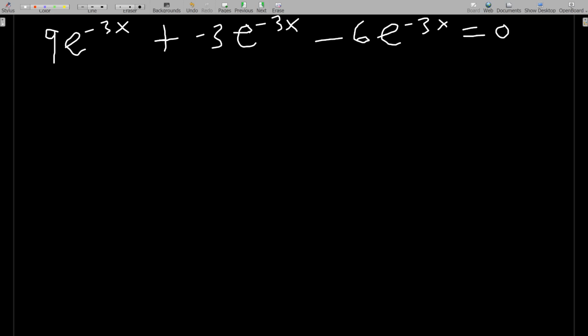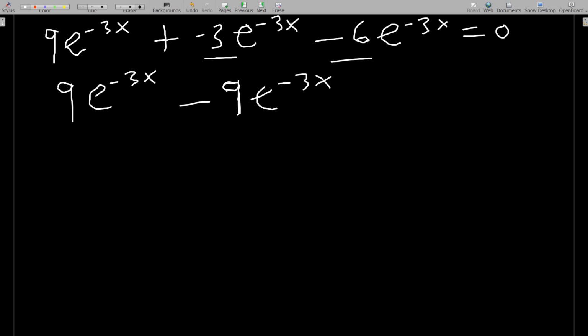So what you do is you factor e to the negative 3x out, or you can simply add some terms. So I have 9 e to the negative 3x, there's a minus 3 here, there's a minus 6, so minus 9 e to the negative 3x, and this equation equals 0.